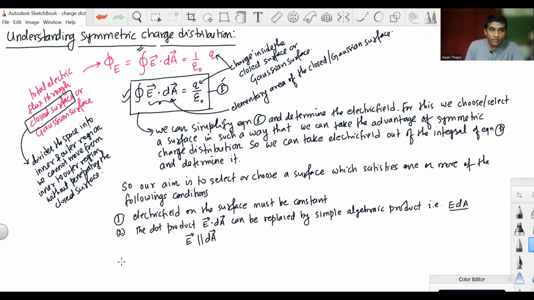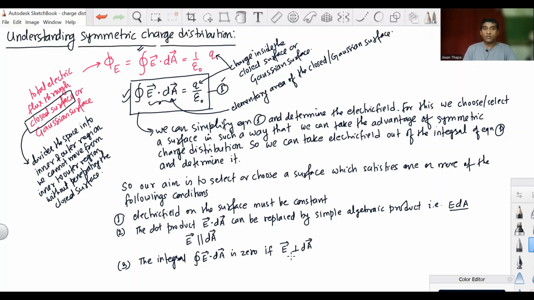Next, the integral is 0 if electric field is perpendicular to area vector.